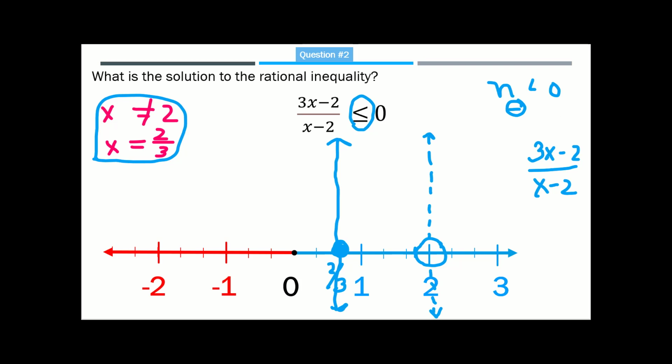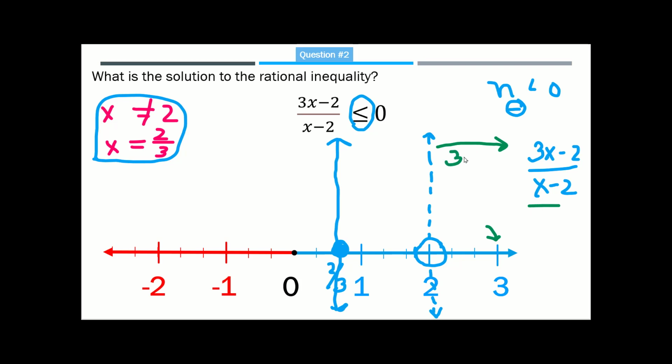So I'm going to evaluate in each of those three areas what happens when we substitute a number in. So if I look at this area right here, I'll take a number that's easy for me to use. I can't use 2 because that's not a number I can use. We'll get a 0 in the denominator. I'll substitute in positive 3.